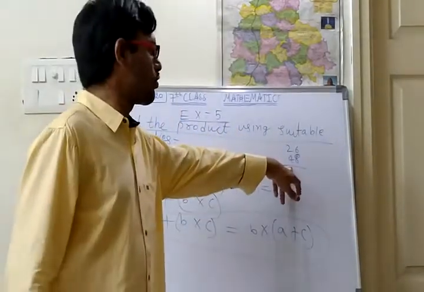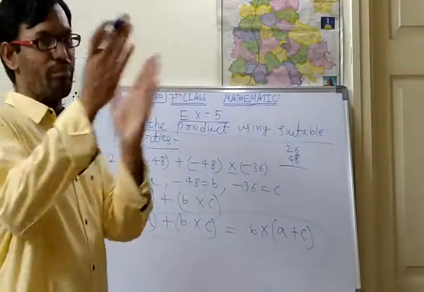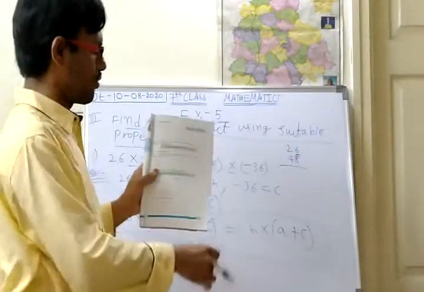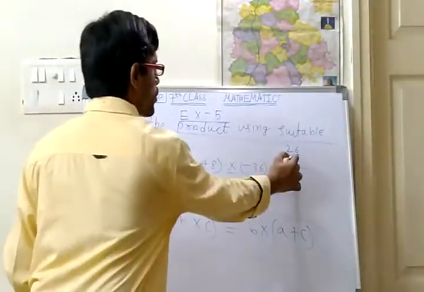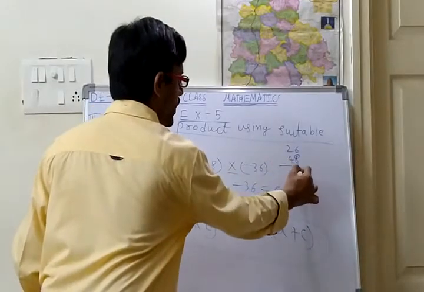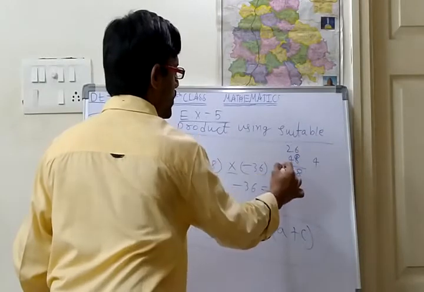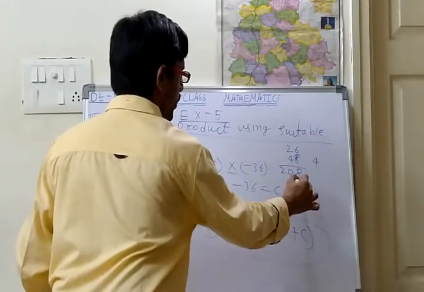You can do this type of products in the rough, beside it at this corner. 26 into 48. So 8 6s are 48, 8 2s are 16, plus 4 is 20. Next, ones place is completed.